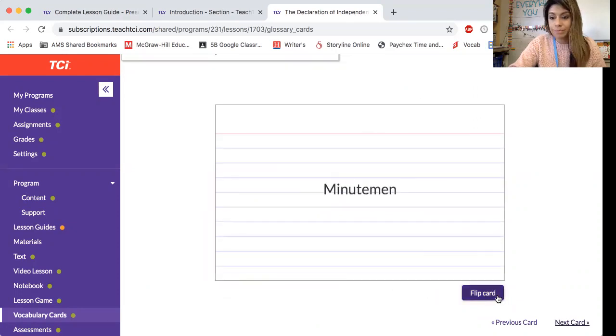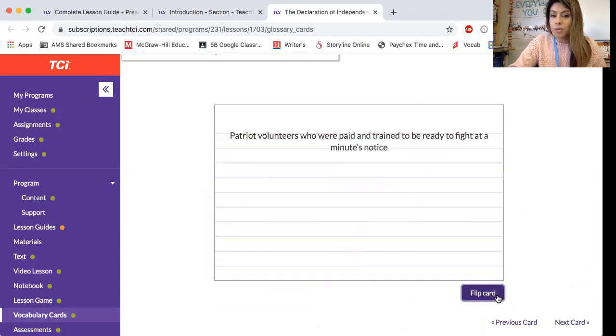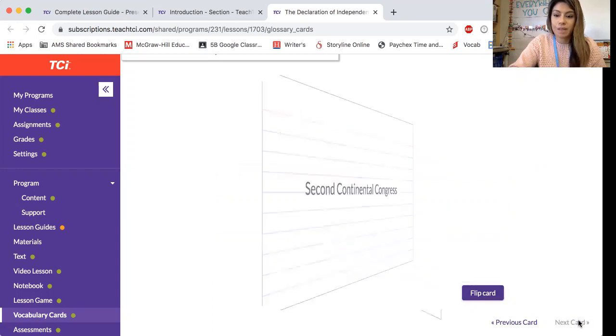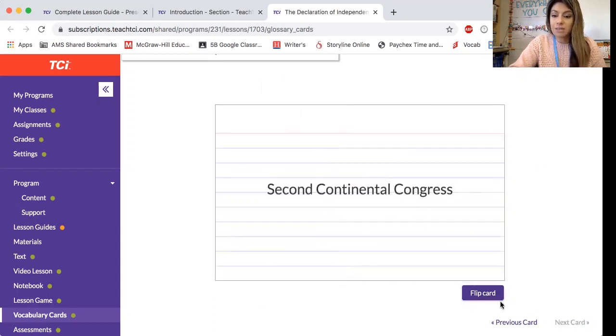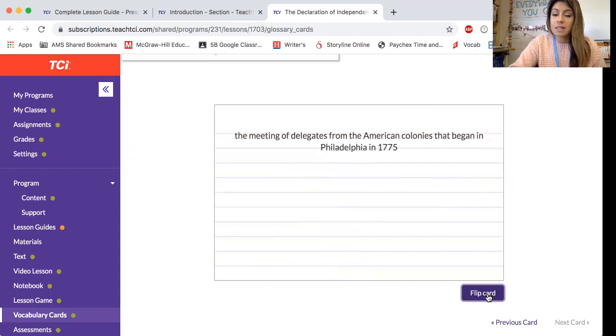Minutemen, those were patriot volunteers who were paid and trained to be ready to fight at a minute's notice, hence the Minutemen. So they were just ready to go at a minute's notice, at a snap of a finger. Second Continental Congress. That is the meeting of delegates from the American colonies that began in Philadelphia in 1775.